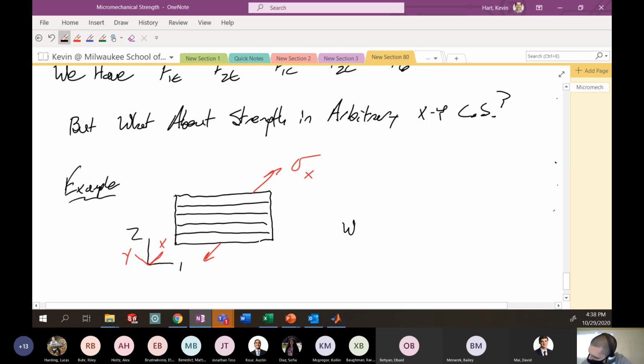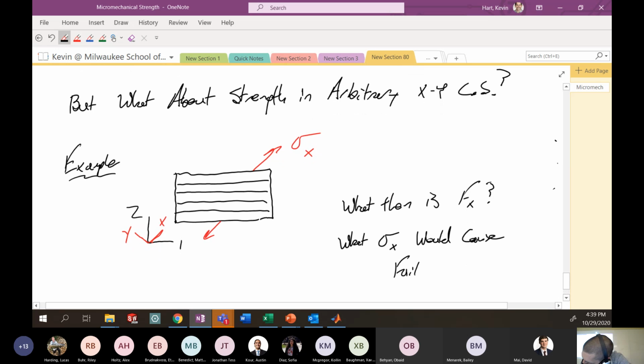What then is Fx, or more carefully, what we are going to prove or show in this class is what sigma x would cause failure. And this is what we'll talk about next time.